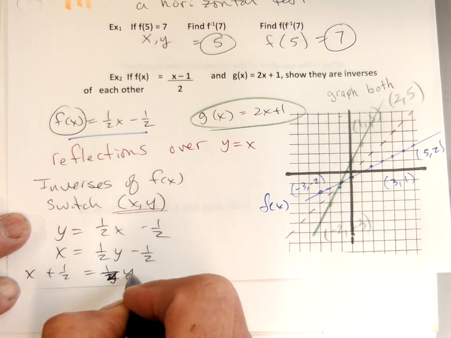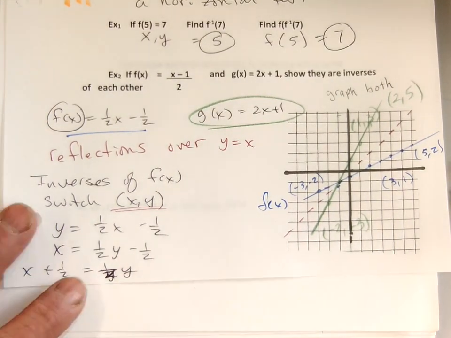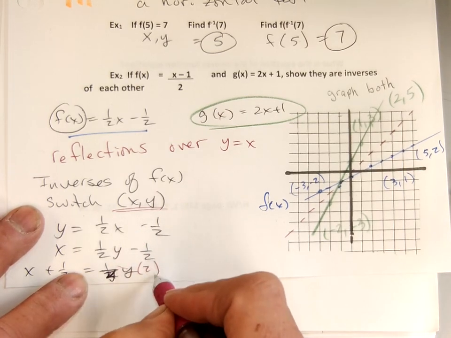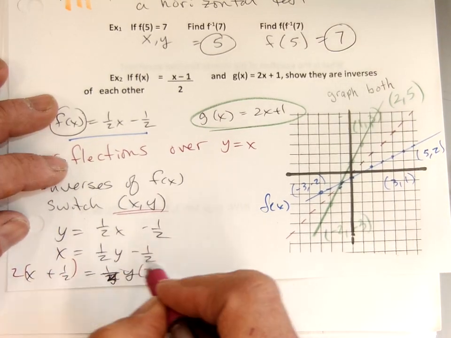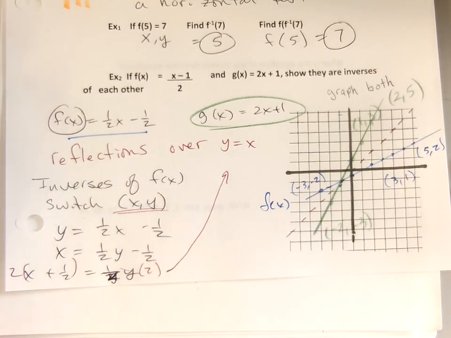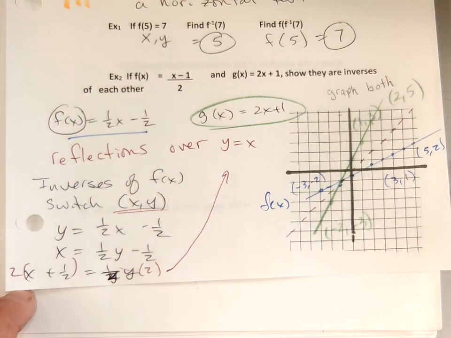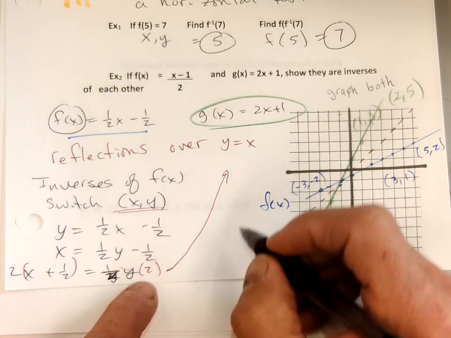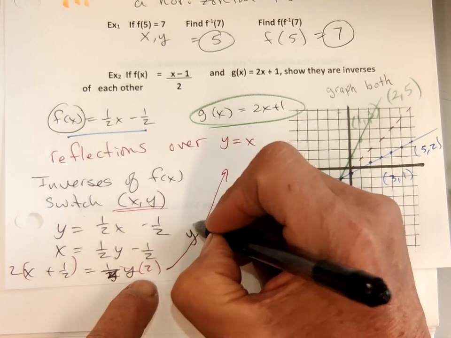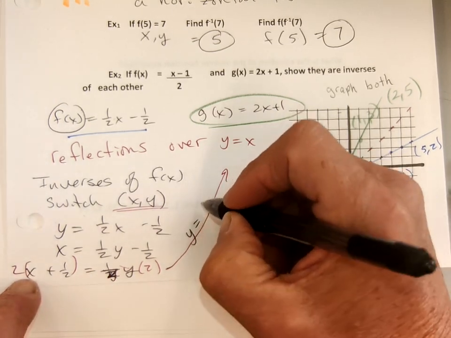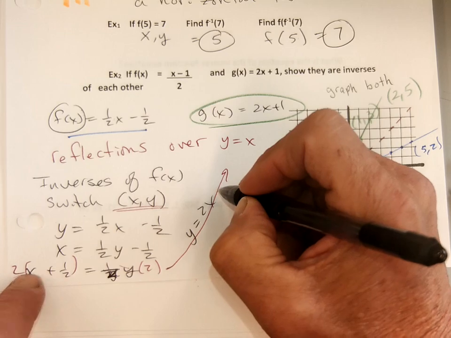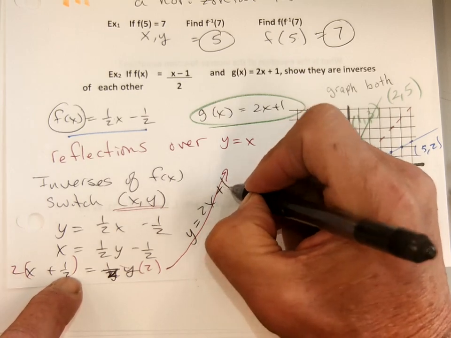That's sloppy. And then if I multiply everything by 2 to get rid of the 1/2, guess what I'm going to get? If I switch them over, I'll have y equals 2x, well, half of 2 is 1, and I get the same equation.